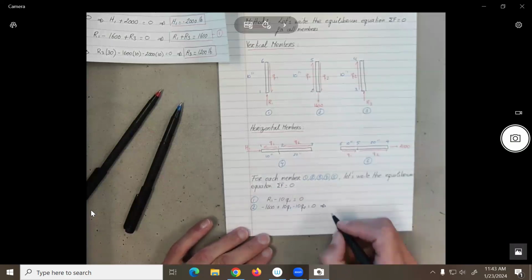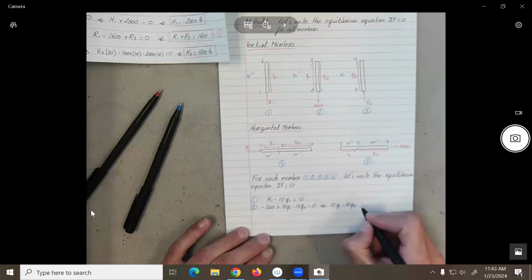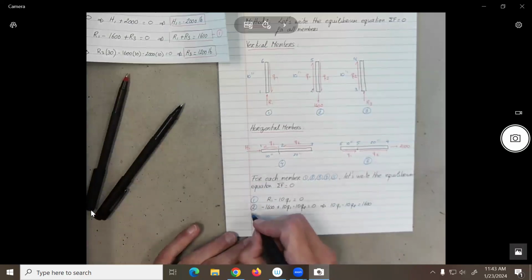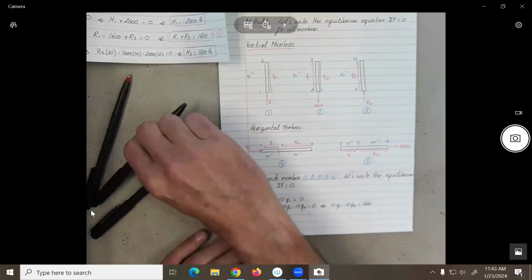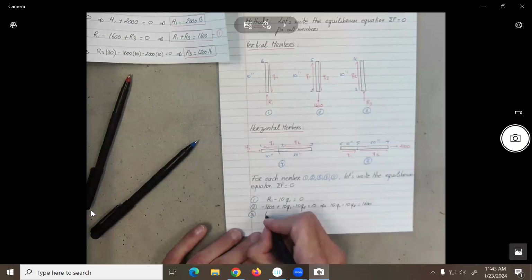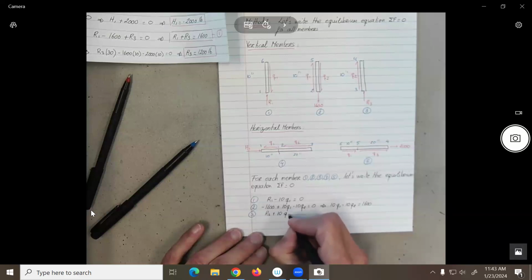Or I can actually write this as 10Q1 minus 10Q2 equal to 1600. Equation 3, I go to this one. What are we going to get? R3 plus 10Q2.